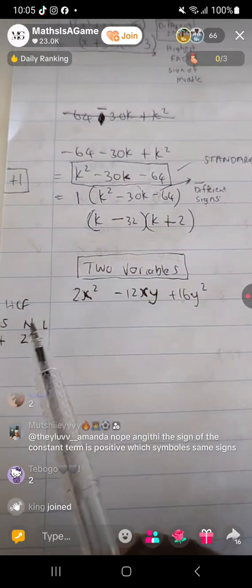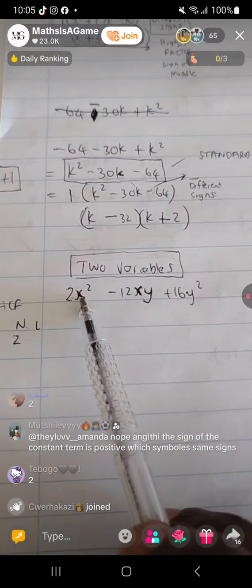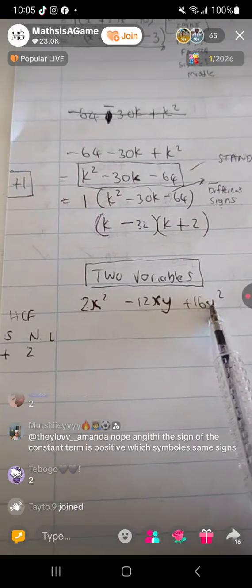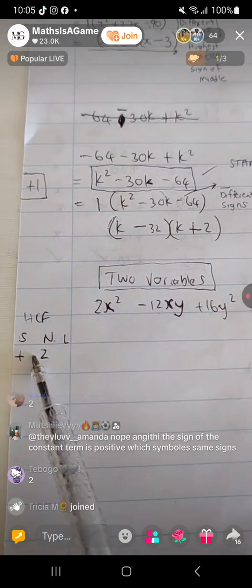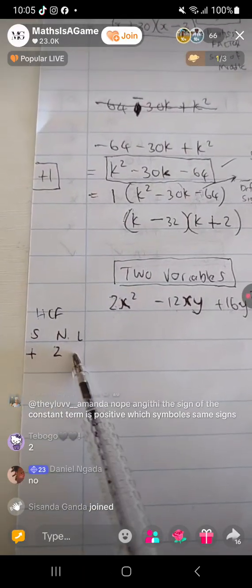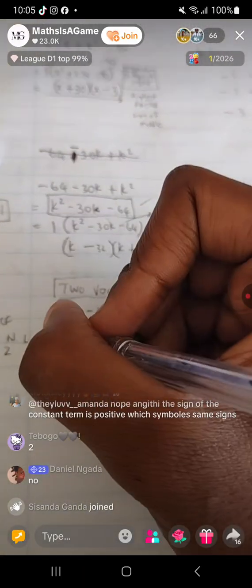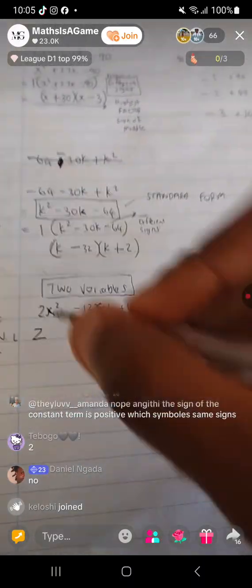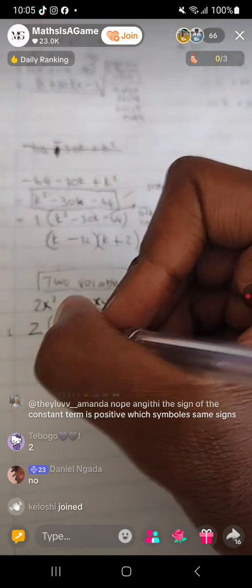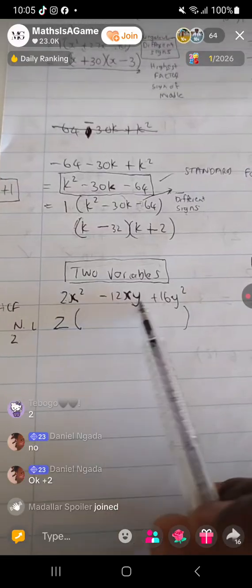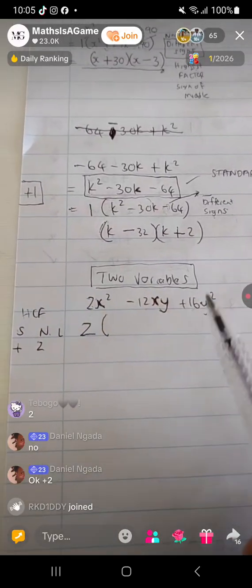Do we have a highest common factor letter or variable? Is there a letter that is common for all 3 terms? No, we don't have that. So we conclude that our highest common factor is positive 2. So we take out a positive 2. Then after doing that, we open the bracket so that we can write what is left over.